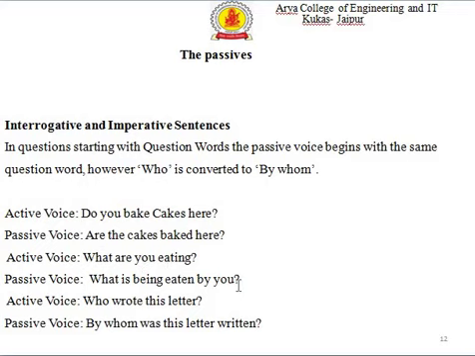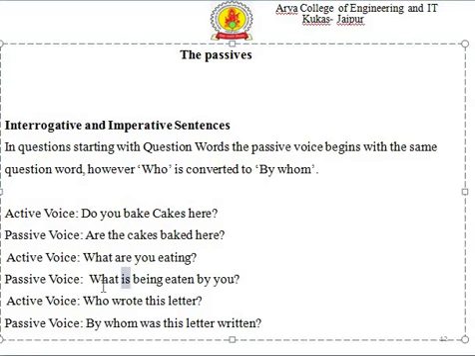What is being eaten? So ing changes into being, and the present tense remains present by is. Here we need is as subject-verb concord. Who wrote this letter? So who changes into by whom. Was this letter written by? We shall reflect the tense and then use the third form.